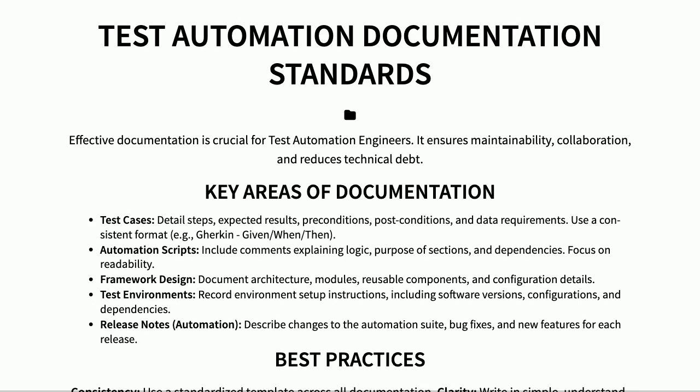Finally, we need release notes specifically for automation changes. Consistency is key here. Use a template across everything to make things easy to follow. And remember, documentation isn't static, it needs to evolve as your automation suite grows.